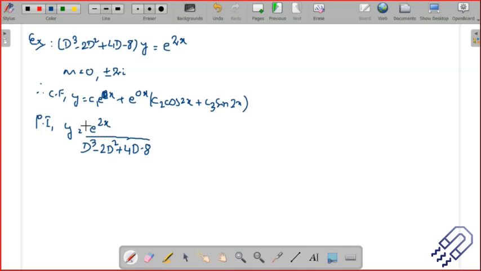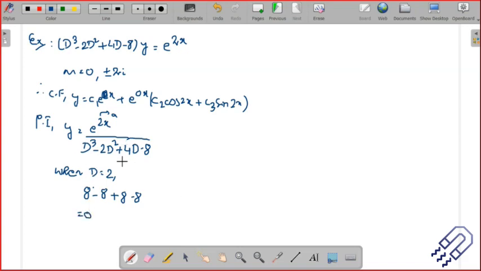But there is a problem here. When D is equal to 2, which is my a, we get 2 cubed, which is 8, minus 2 square is 4, 4 into 2 is 8, plus 4 into 2 again 8, minus 8. So 8 plus 8 minus 8 minus 8 will become 0.